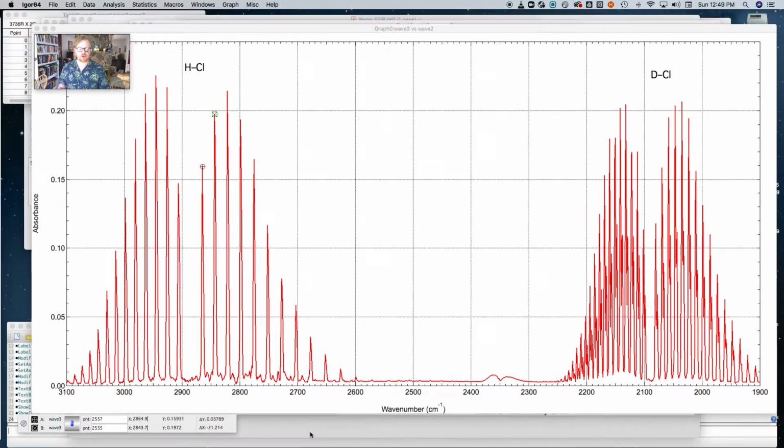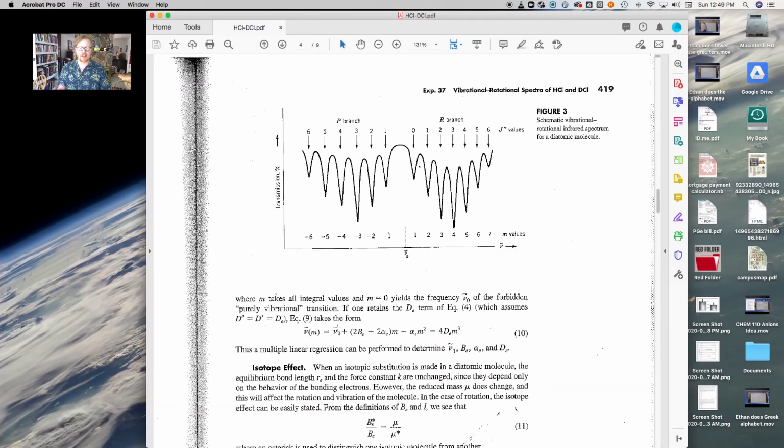And then if you notice here on this equation, this equation is nu as a function of m equals all of this stuff. So I'm going to go ahead and copy that equation down, and I'm going to switch over to my whiteboard so you can see what I'm doing.